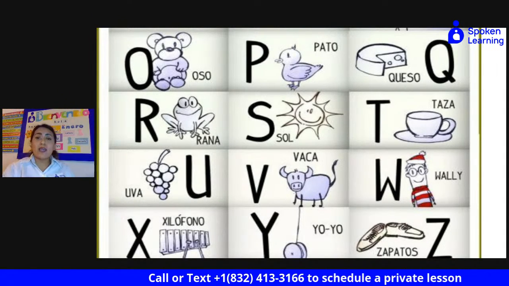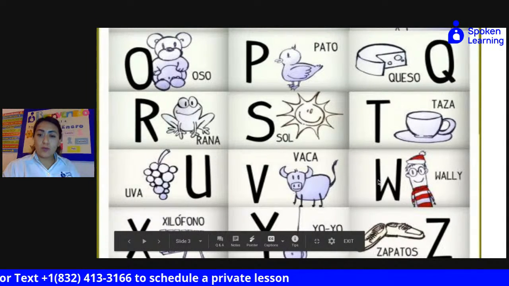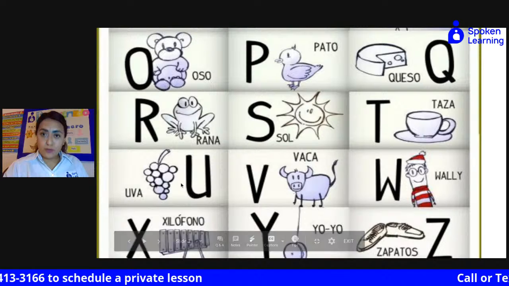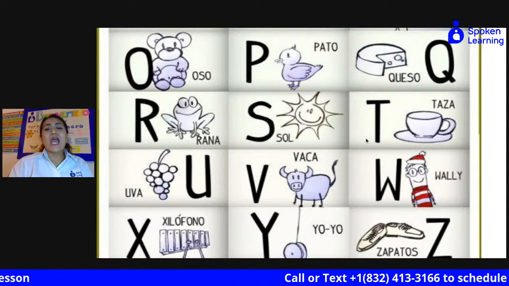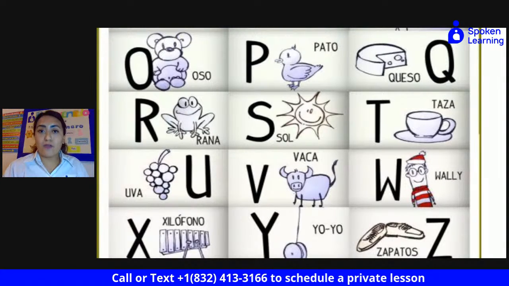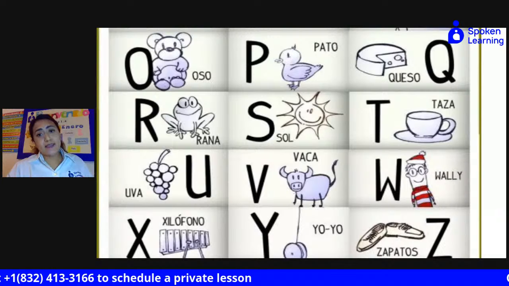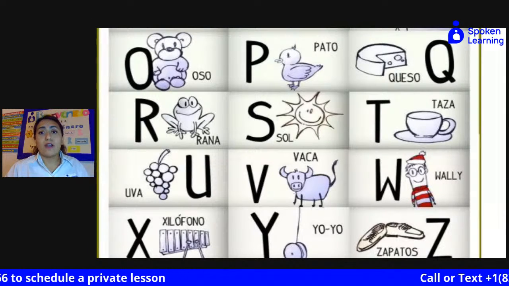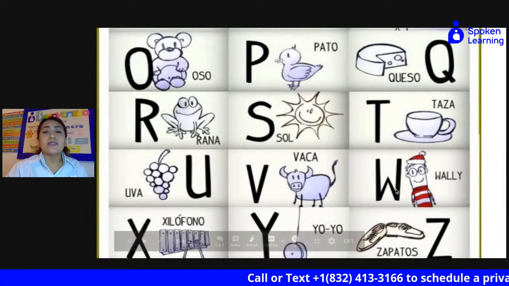Also, we say double U, or double B. We don't really have a lot of words with this sound, but some of the names and places that are part of our vocabulary are going to include this letter.